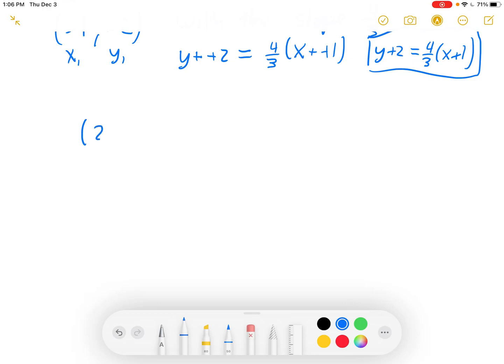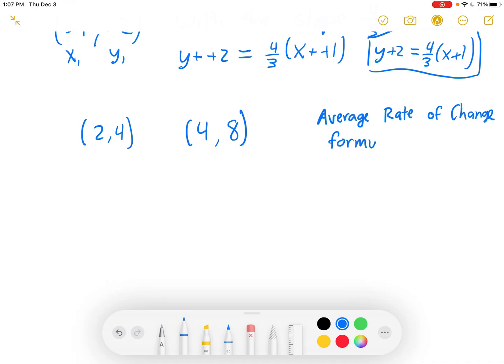So for example, if we had the points (2, 4) and (4, 8), and we wanted to find the slope of the line that goes through those points, we would have to use the average rate of change formula, which is (y2 - y1) over (x2 - x1), or the change in y over the change in x, which is all to say the same thing as rise over run. It's all related to each other.